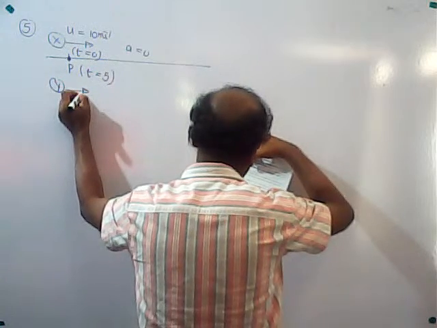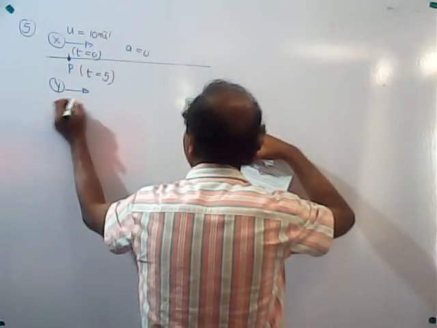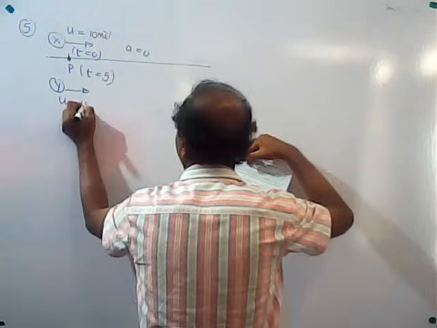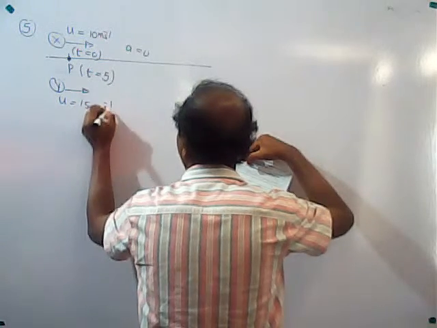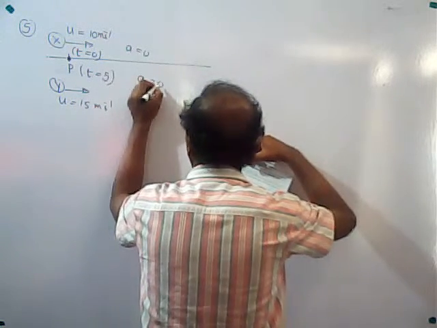It has a uniform velocity, 15 m s minus 1, and its acceleration is 0 also.